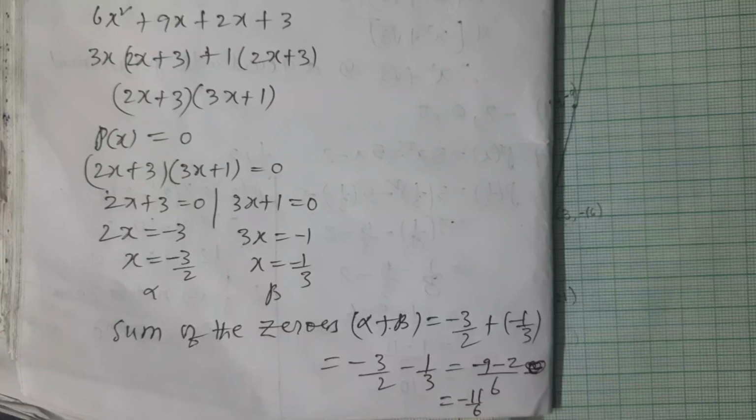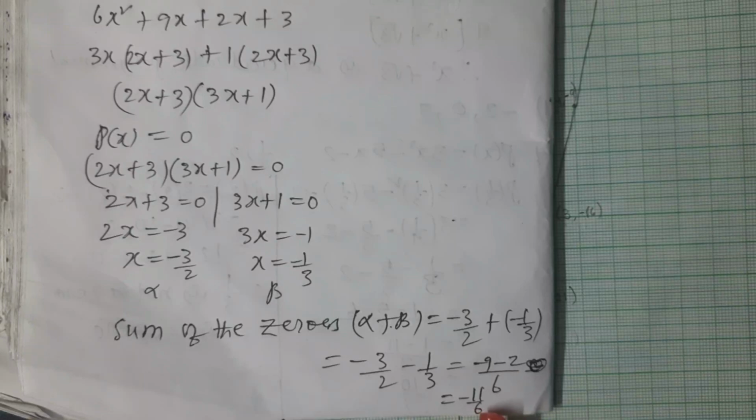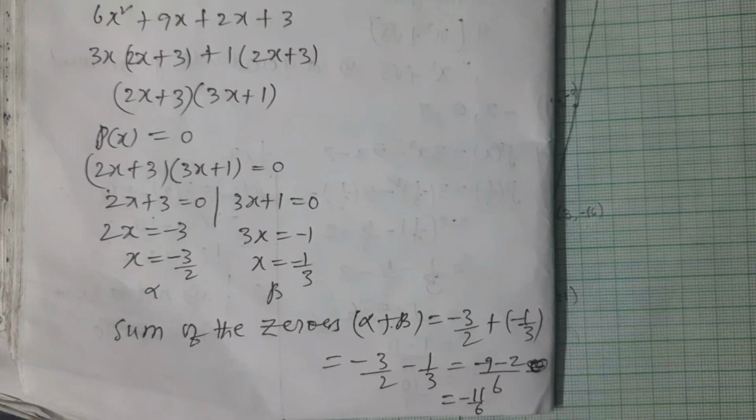Do LCM for this, 2 3s are 6. 2 3s are 6, minus 3 3s are 9, because 2 3s are 6, 3 into 3 means minus 9 coming, and minus 2 into 1. So 6, 3 2s are 6, minus 2 into 1, minus 2, minus 9, minus 2 means total minus 11. Minus 11 by 6. This is the sum of the zeros.